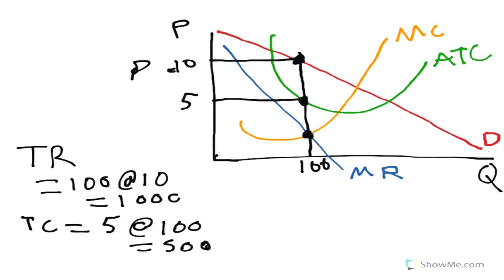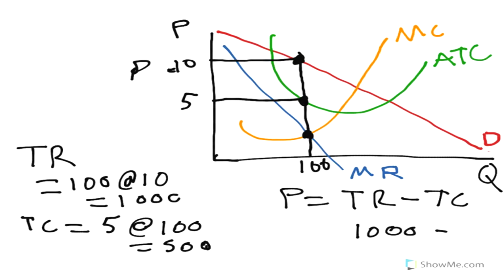Now, what is on everyone's mind is how do we get profits? Well, we know that profit is total revenue minus our total cost. And we just plug in those numbers. So with this firm, if we're producing 100 units at a price of 10 and our average total cost is $5 per unit, we'll have a profit of $500.